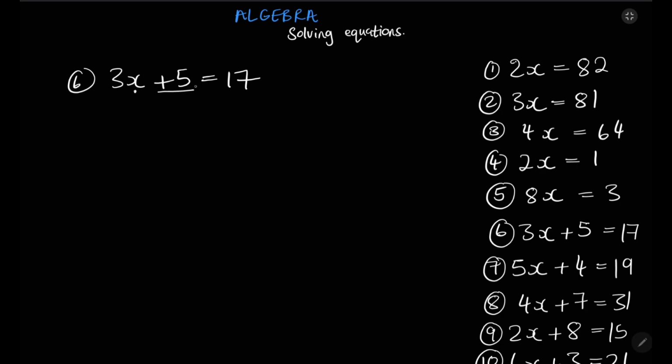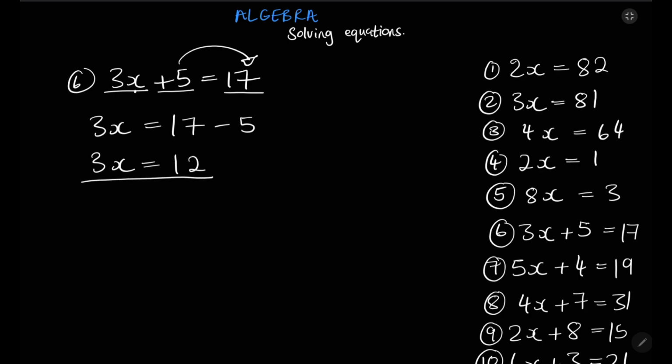So we take this 5 to that side. We're left with 3x is equal to 17. This is plus 5. It crosses the equal sign, so the sign should change. This is plus 5, so it should be negative 5. 3x is equal to 17 minus 5, which is equal to 12.